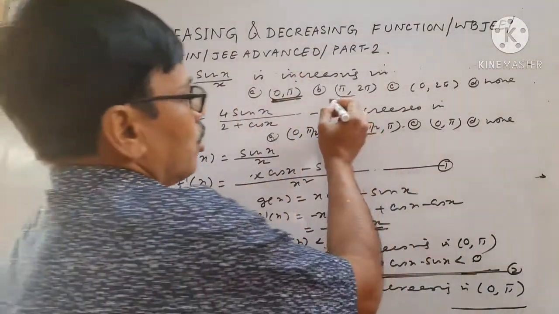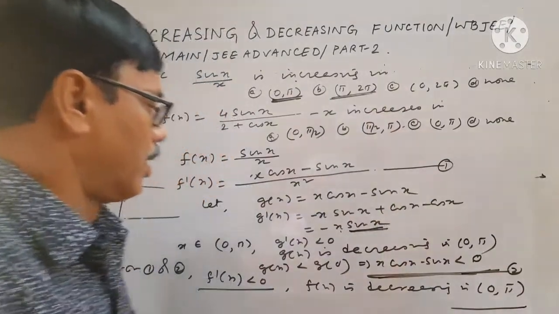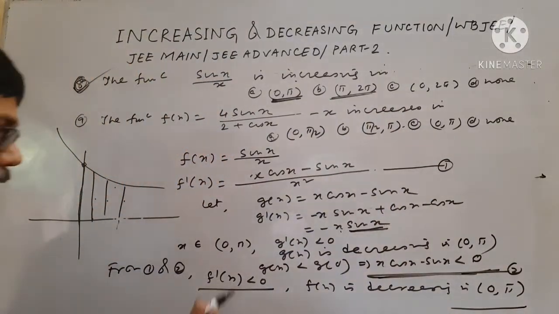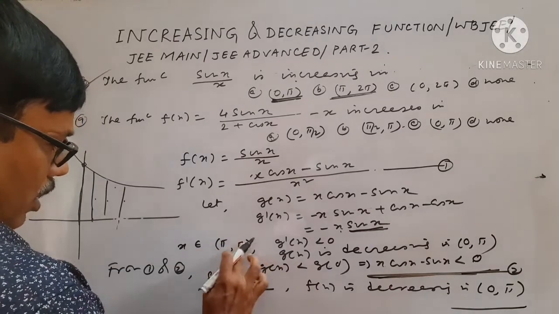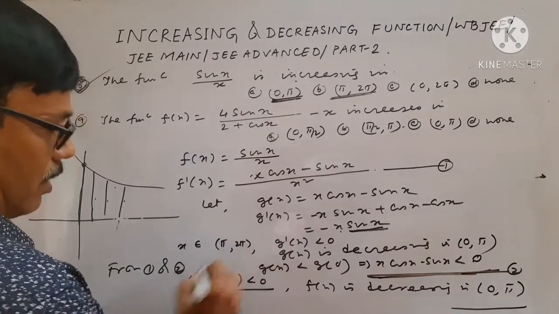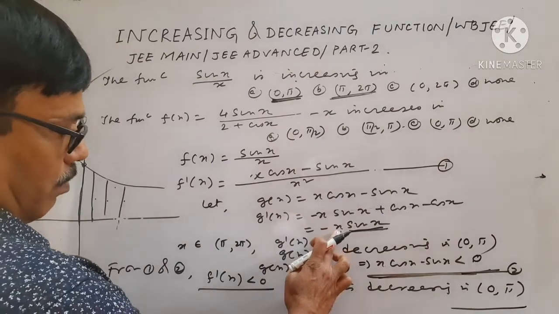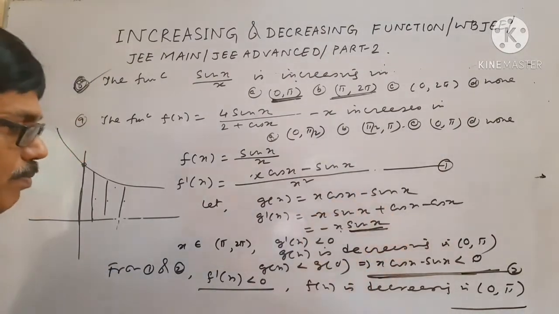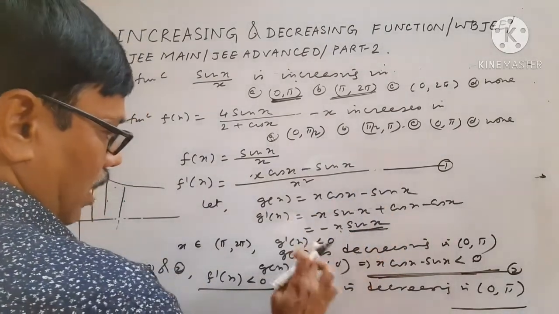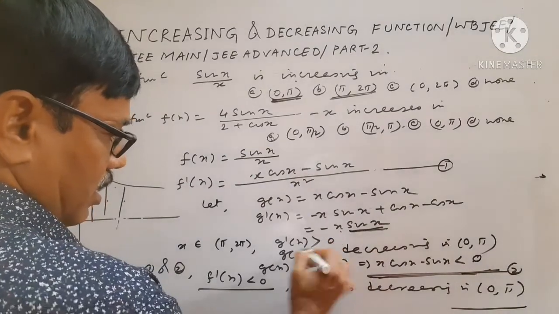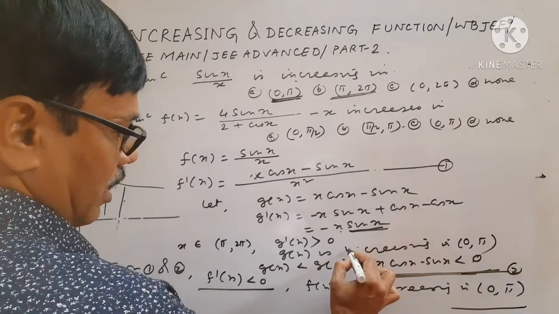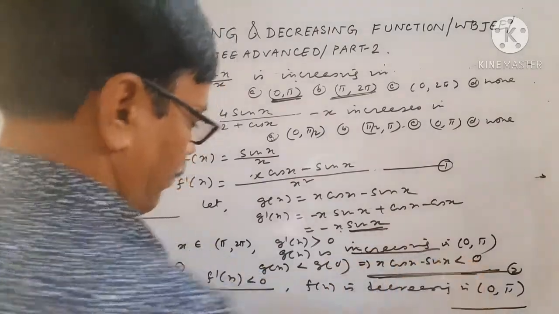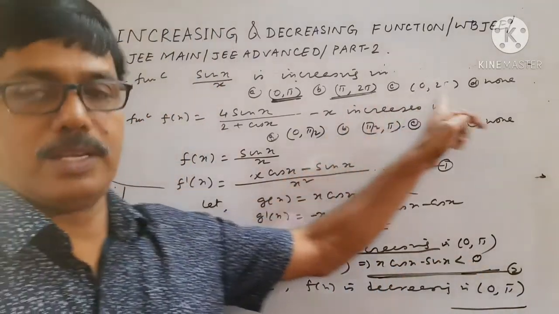Now the second condition. Look, in pi to 2 pi, x is positive, sin x is negative. So the total is positive. So g dash x greater than 0. So g(x) is an increasing function in pi to 2 pi.